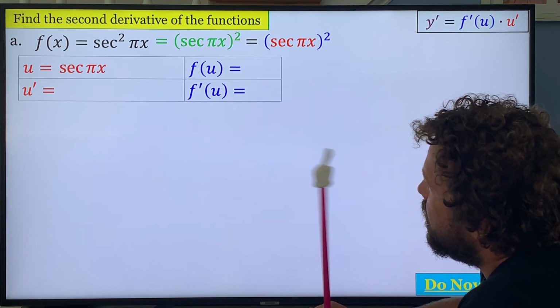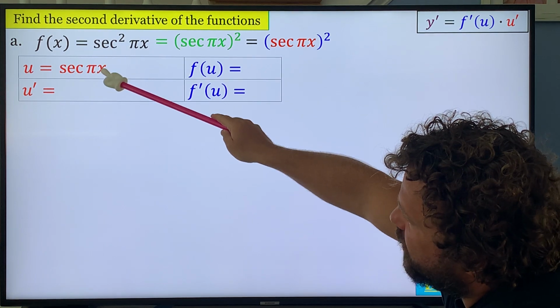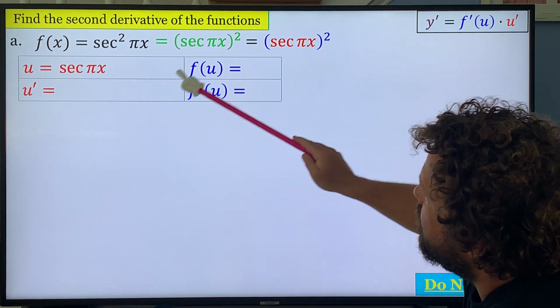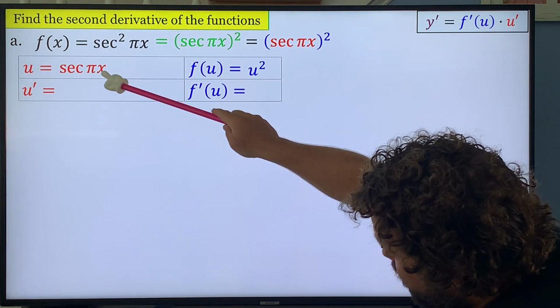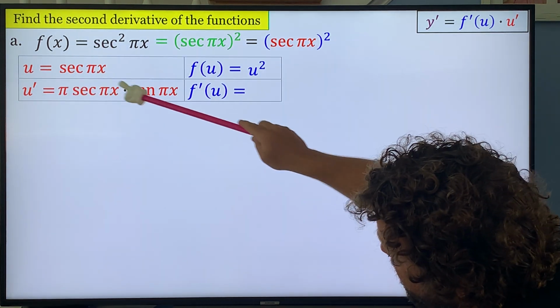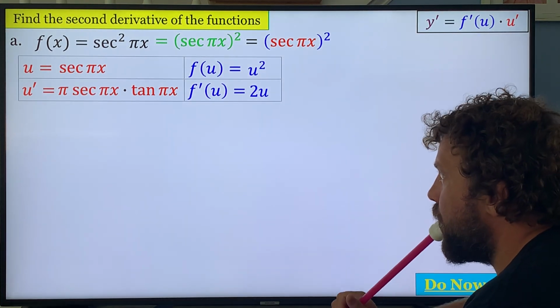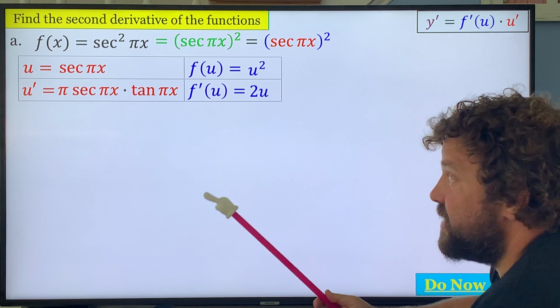Derivative of secant pi x: derivative of pi x is just pi, so it's pi secant pi x tan pi x. And then 2u. I didn't write it out because I don't have enough space, honestly.